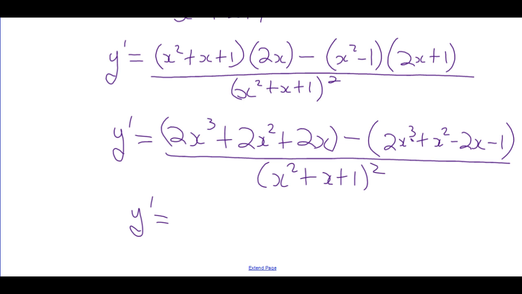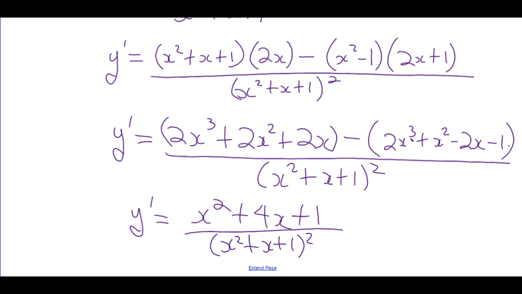So 2x cubed minus 2x cubed is 0x cubed. 2x squared minus x squared will be 1x squared. 2x minus negative 2x is 2x plus 2x, which is 4x. Minus negative 1, so that's plus 1. Over x squared plus x plus 1 squared.